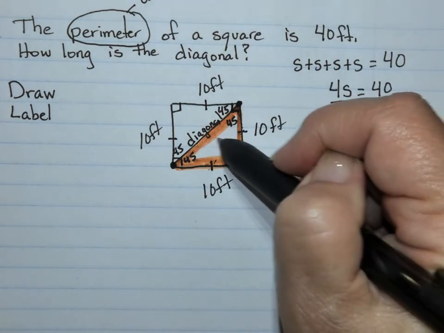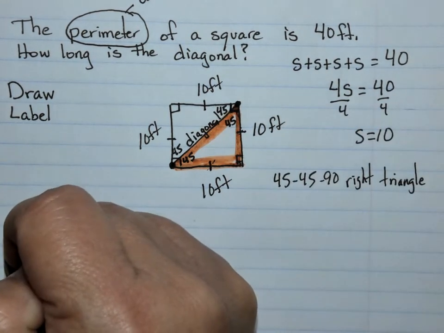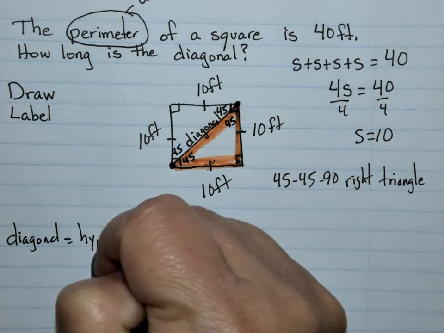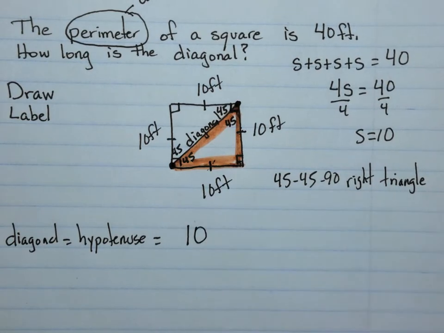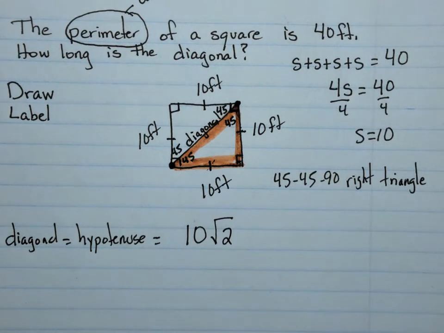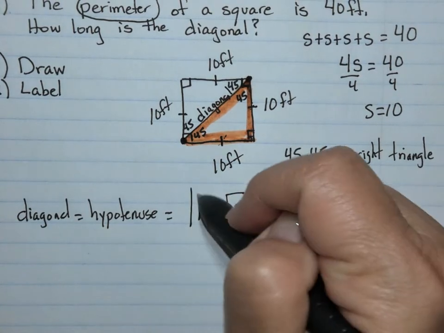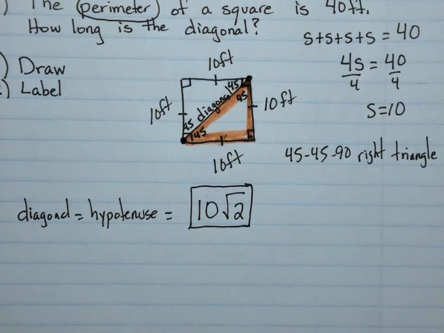And this diagonal is my hypotenuse. And so based on what we learned yesterday, the diagonal equals the hypotenuse of the triangle. So that equals a leg, 10, times the square root of 2. And I can leave my answer in radical form, right? Unless my instructions tell me to change it into a decimal, I can just leave that as my answer.